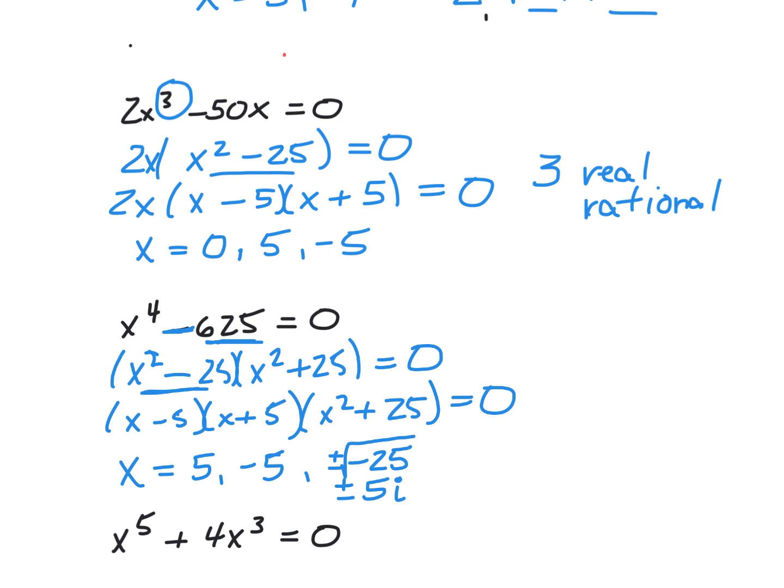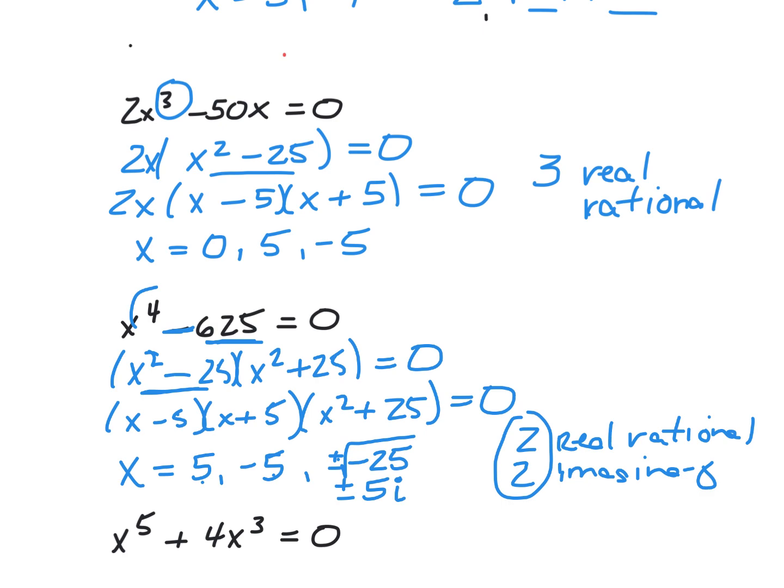All right, so then, what do we have? We do have 4 solutions. I have 2 real rational ones, and I have 2 imaginary. So I have a total of 4. It was a 4th degree equation.